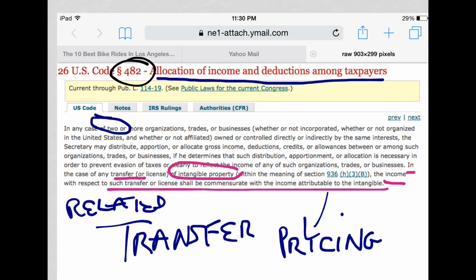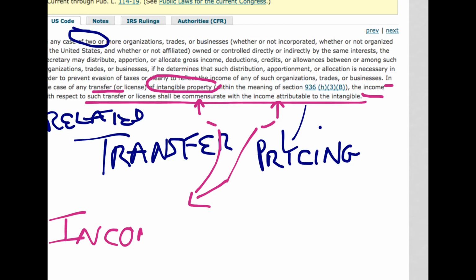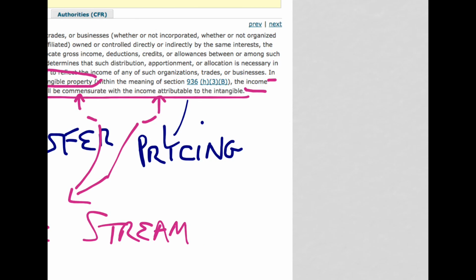And what the tax courts over the years have interpreted this to mean is that commensurate means, when combined with the income attributable, that this is all leading up to one thing: what does the income stream look like as it happens?